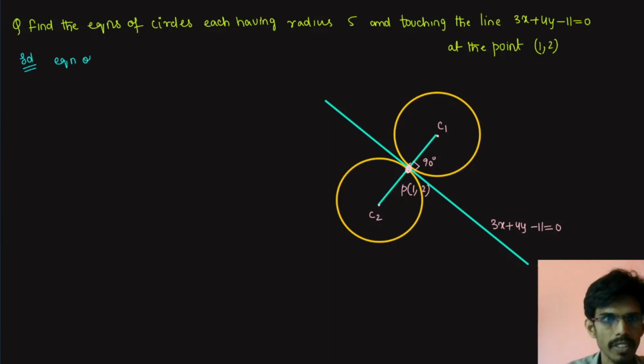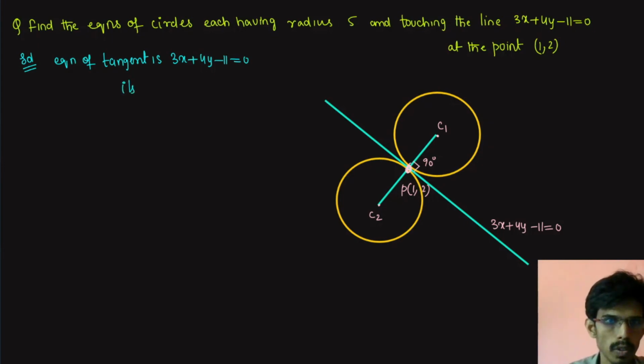Now the equation of the line, or tangent, is given as 3x plus 4y minus 11 equal to 0. Now let us find the slope of this line.